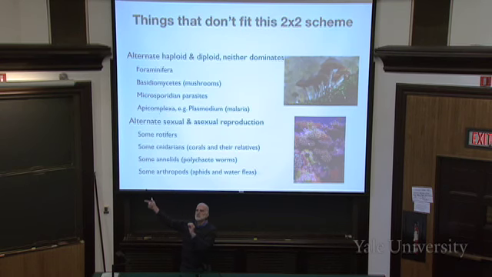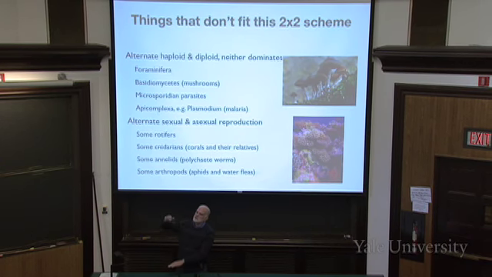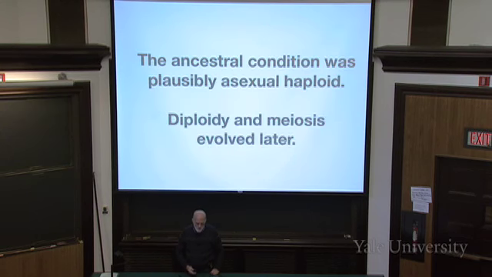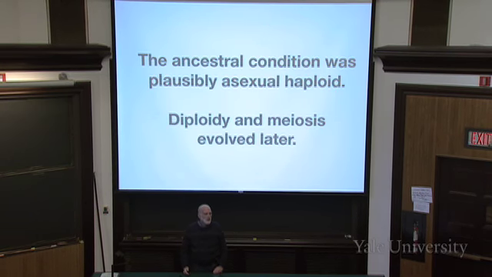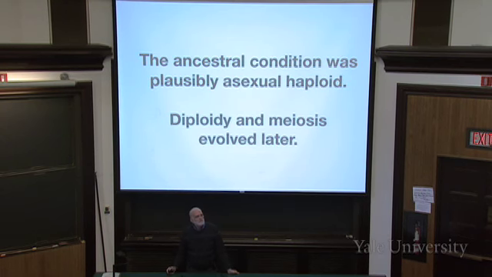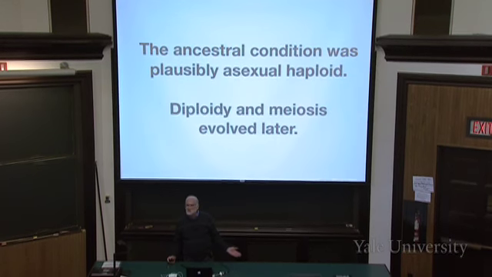It goes off and is a jellyfish and has sex and makes larvae, and then goes down and turns into an asexual thing on the bottom that makes stacks of dinner plates. So there's a lot of variety out there. All of these things probably evolved from an asexual haploid, and we say that because we believe that the bacterial state was the ancestral condition.